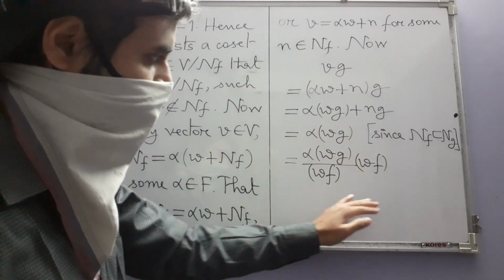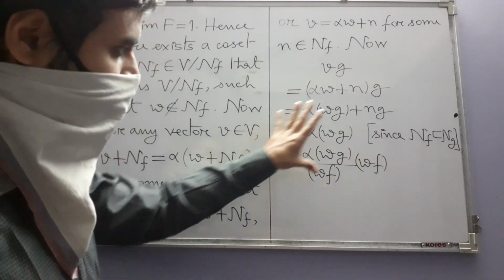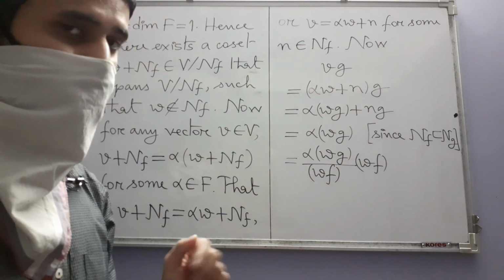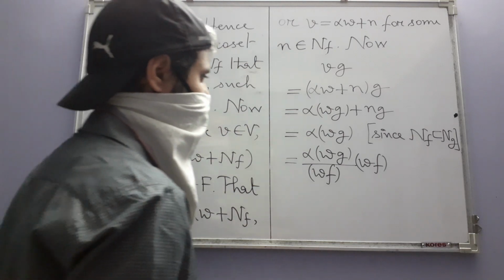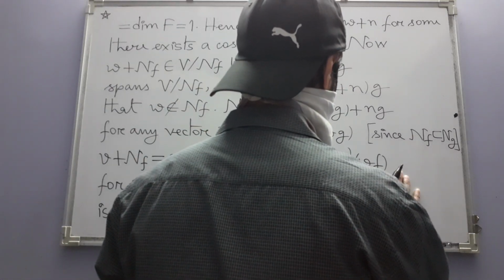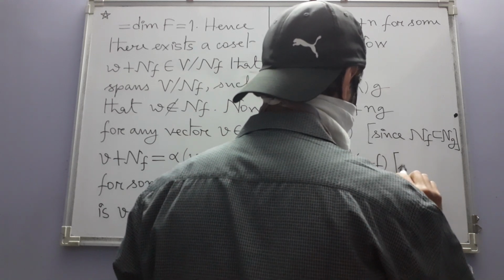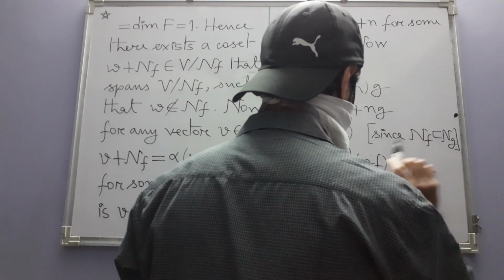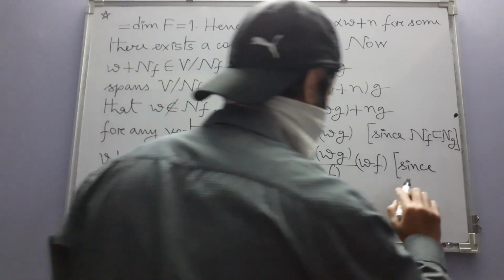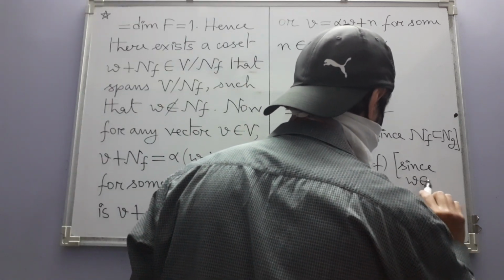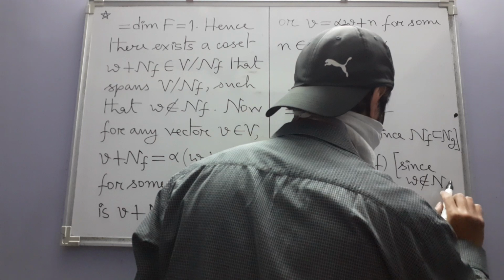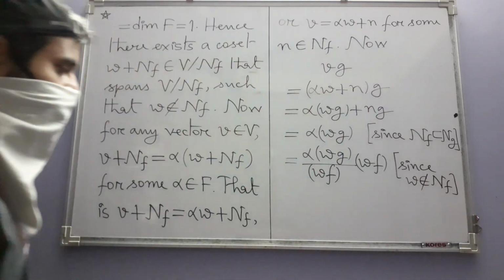The final term, I mean inside we have vectors, but the final terms are all field elements. And we can in fact mention here also the reason, because why not, since w does not belong to N_f.